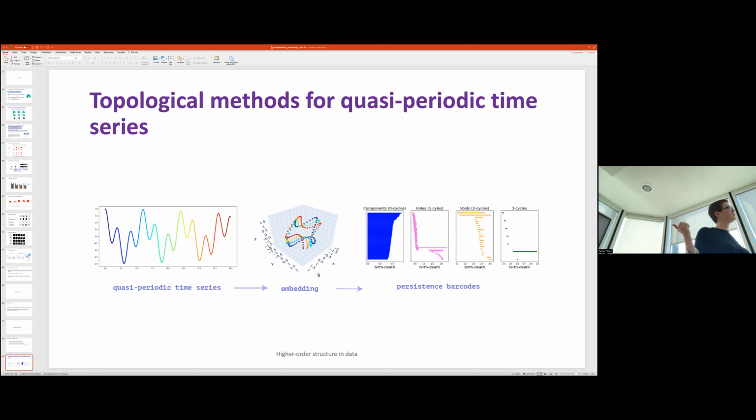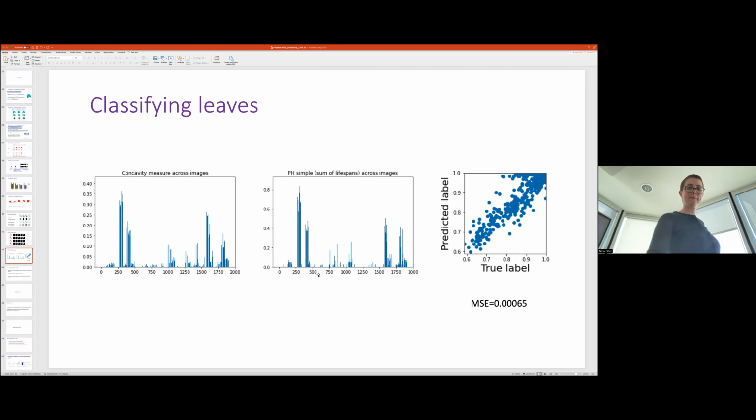The application about the oil, in the second part of the talk, when you're doing the hole detection.